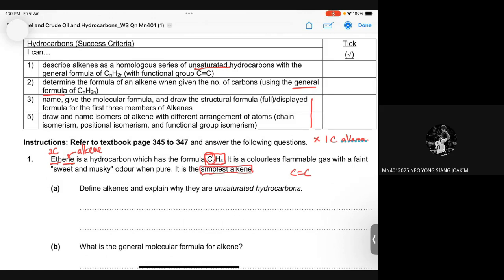Two. So that's the reason why we cannot have a one carbon alkene, because minimally you need two carbon. So the simplest alkene is actually C2H4. There's no single carbon alkene, so just take note of that.